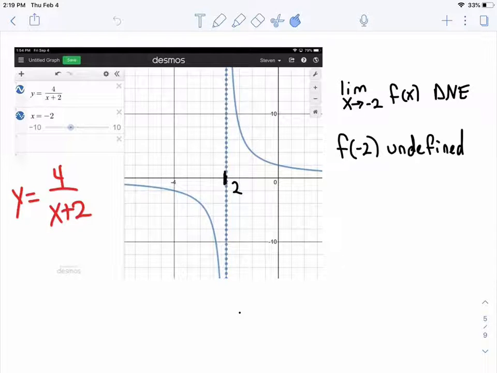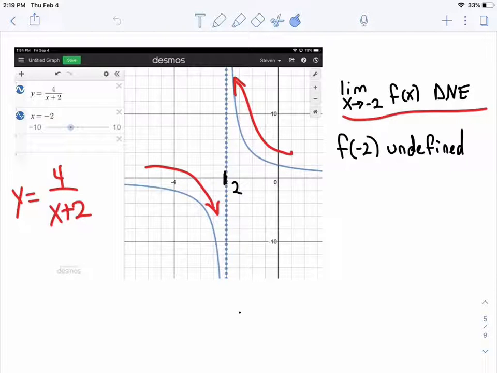So on the left-hand side here, as we're approaching 2, it's going down in the negative direction. And when we're taking on values above 2, it's going up in the positive direction. And it's going to keep growing towards infinity. At the bottom, it's going to grow towards negative infinity. So for that reason, the limit doesn't exist. There is no limit here for this function. It doesn't settle into anything.